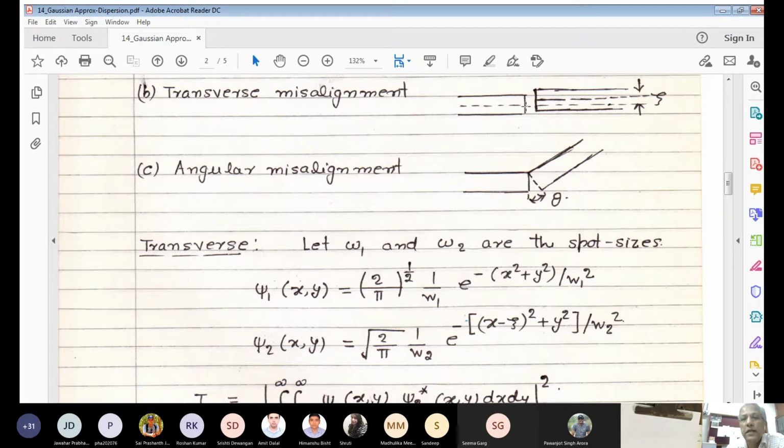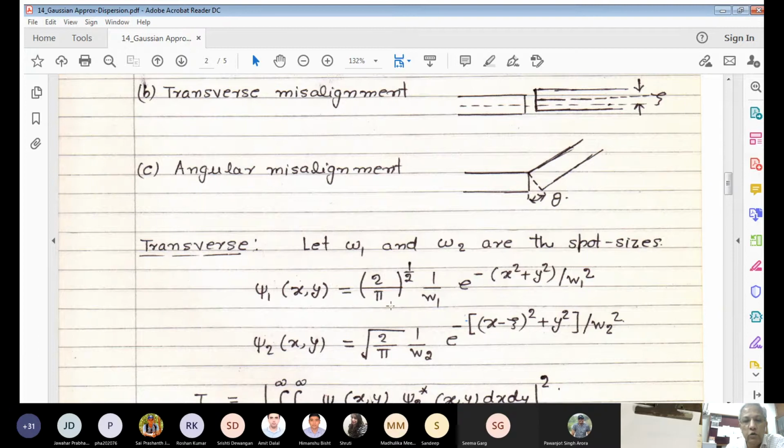The direction of misalignment I take as the x-axis, and the perpendicular direction I take as the y-axis. So naturally, in this coordinate system, the misalignment would be only in the x direction. Let me start with a general case. Suppose the two fibers are not identical, and W1 and W2 are their Gaussian spot sizes.